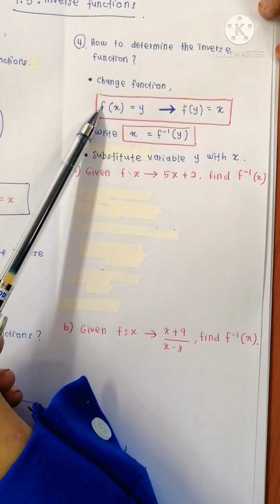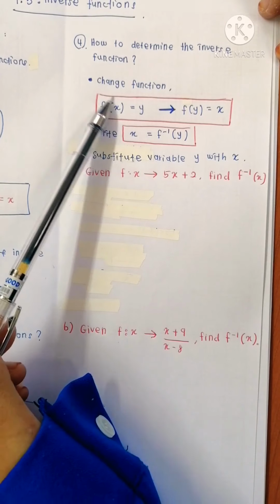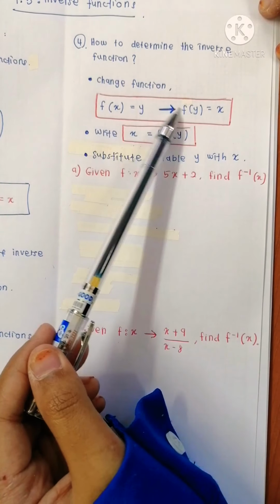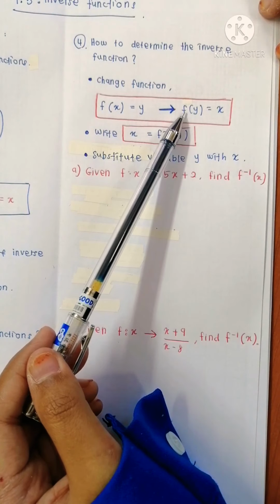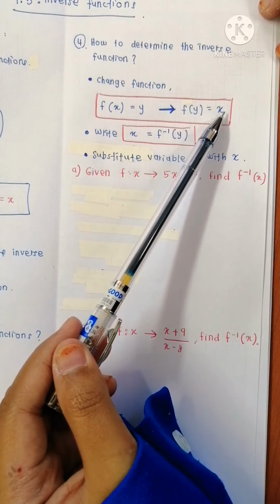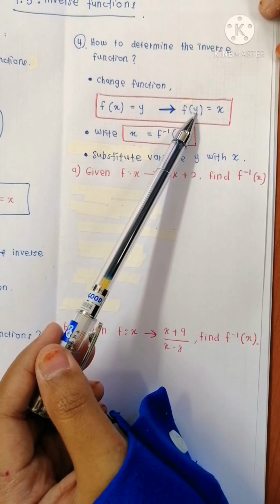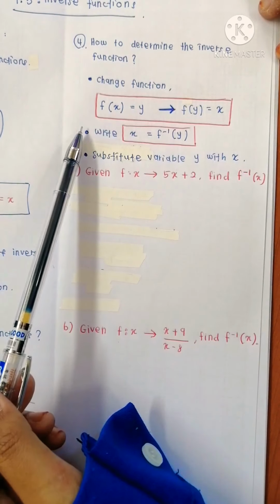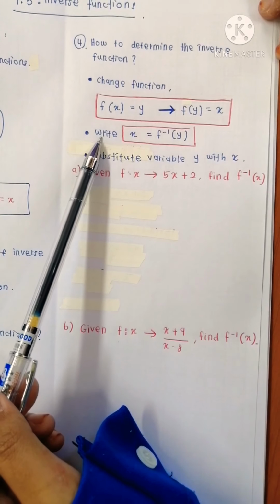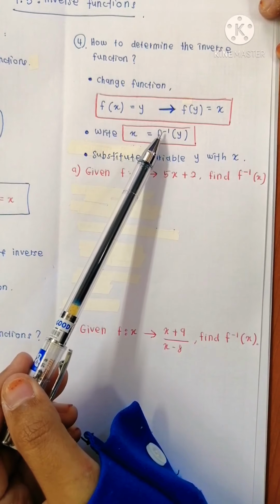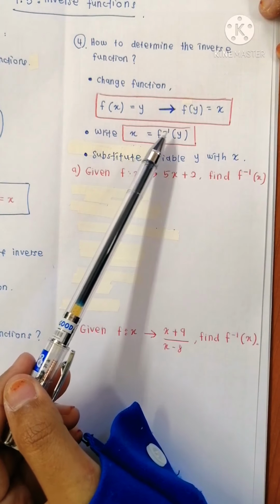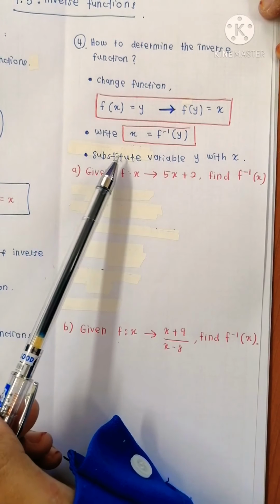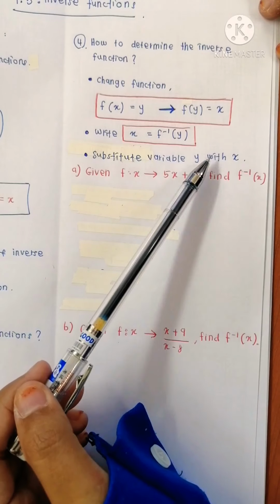Function f of x is equal to y, where x is the object and y is the image, and then you need to change it into f of y is equal to x, which is y will be changed into the object and x will be the image. Now the second one, you need to write x is equal to inverse function f of y. And the third one, you need to substitute variable y with x.